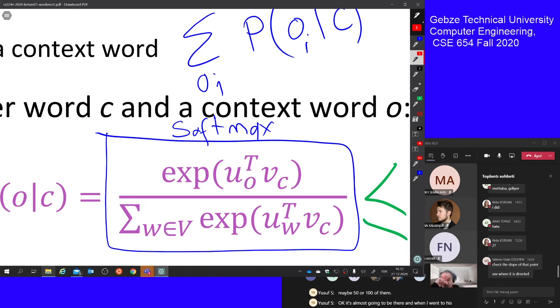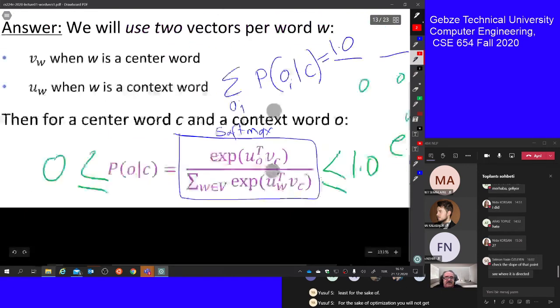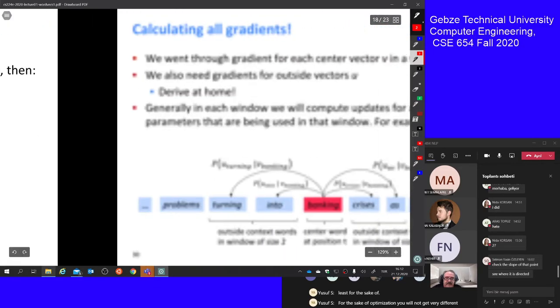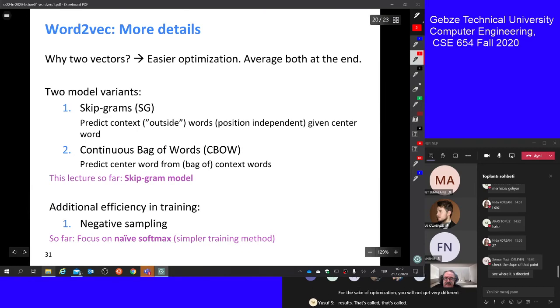It's almost going to be around the same value, at least for the sake of optimization. You will not get very different results. That's called negative sampling, instead of the naive softmax, a simpler training method, and it works nicely.